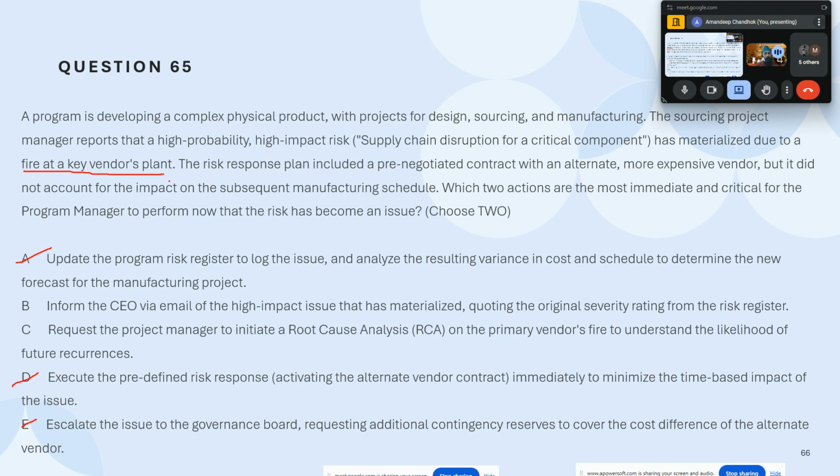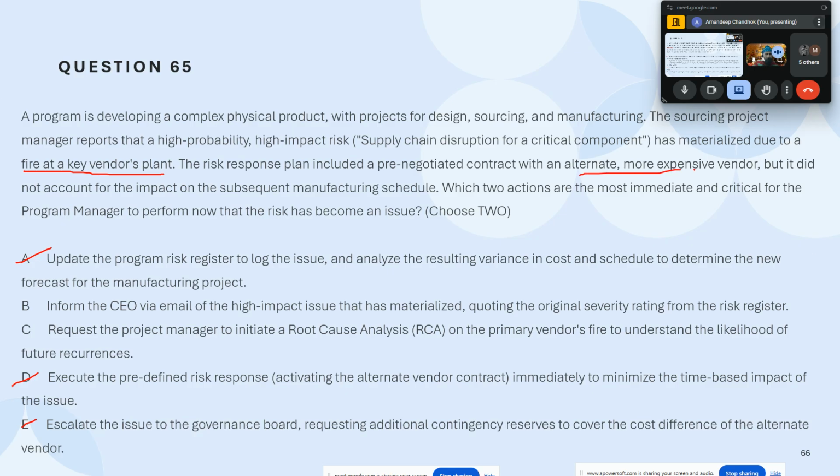No matter how much money I throw at him, his plant is gone. You're understanding this point, right? His plant is gone. Even if I throw more money at him, he can't deliver. Yeah, I'm talking about the alternate vendor. I get that. Was it the alternate vendor? Yes.